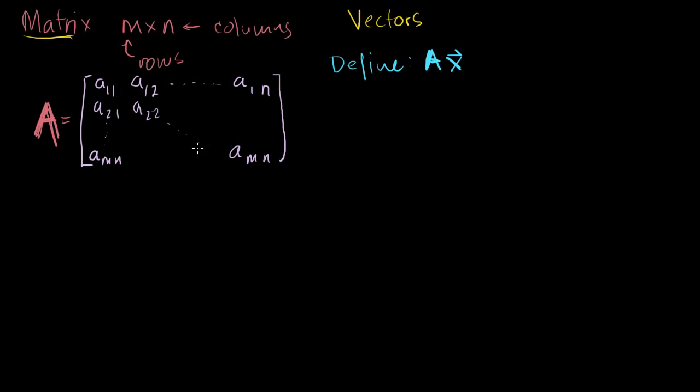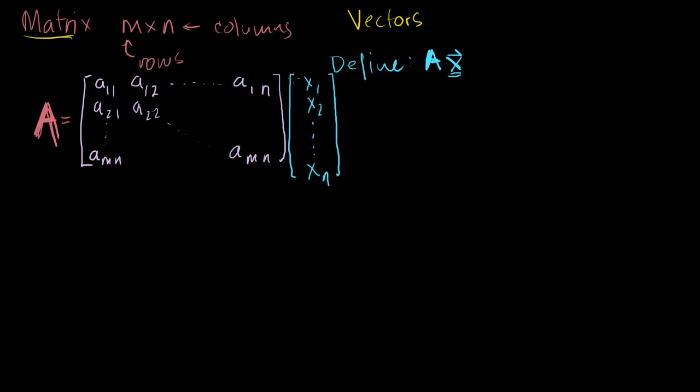And our definition will only work, it's only defined, if x, the vector we're multiplying A by, has the same number of components as A has columns. So this is only valid for an x that looks like this: x1, x2, all the way down to xn. So let me be very clear.